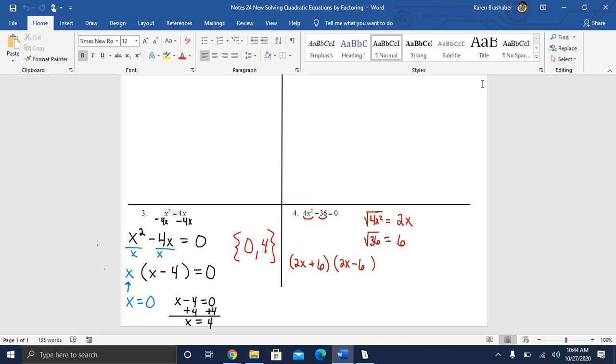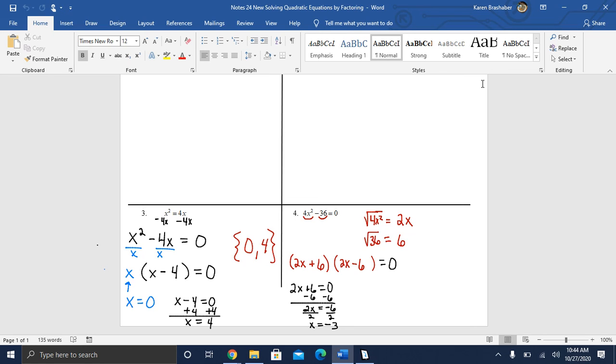And then we'll have this equal 0. And now you've got your two parentheses. Now these will not give you the same answer. So 2x plus 6 equals 0. We will subtract 6 and get 2x equals negative 6. We can divide by 2 and get x equals negative 3.